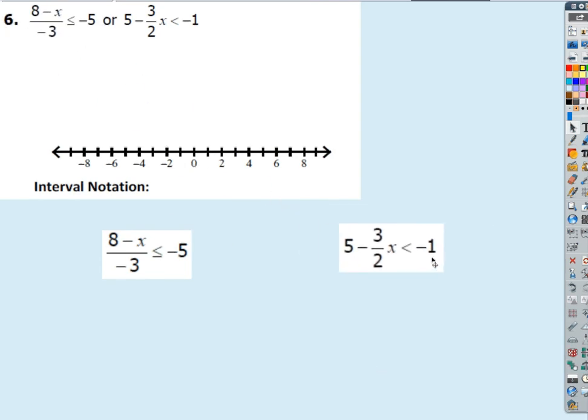Okay, so we got two inequalities separated by an or, so we'll just solve these individually.